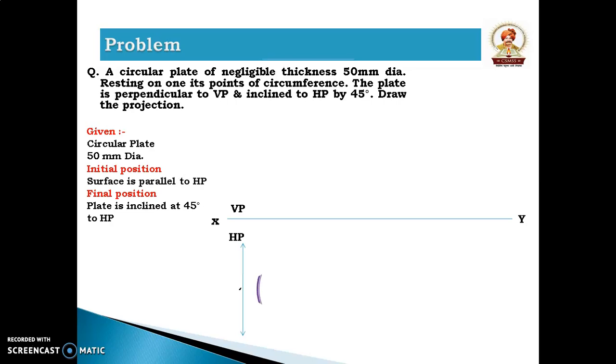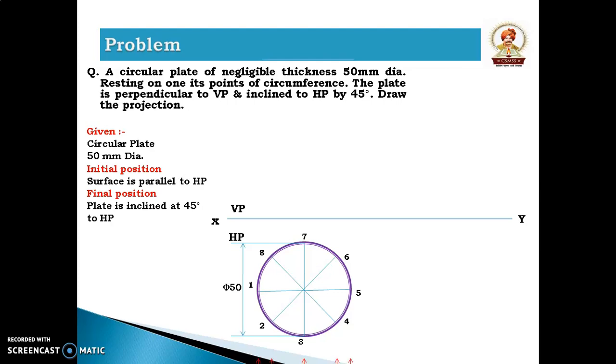Draw a circular plate having 50 mm diameter. Now divide this circle into 8 equal parts and name them 1, 2, 3, 4, 5, 6, 7, 8 respectively.